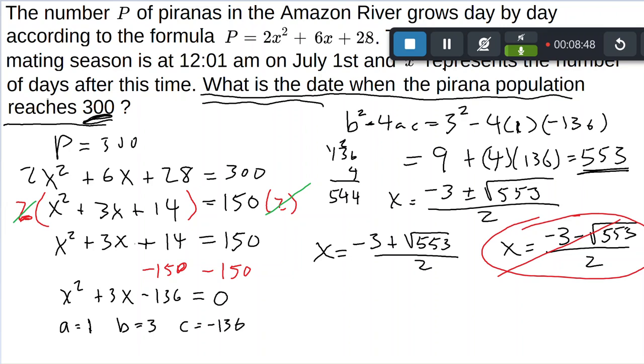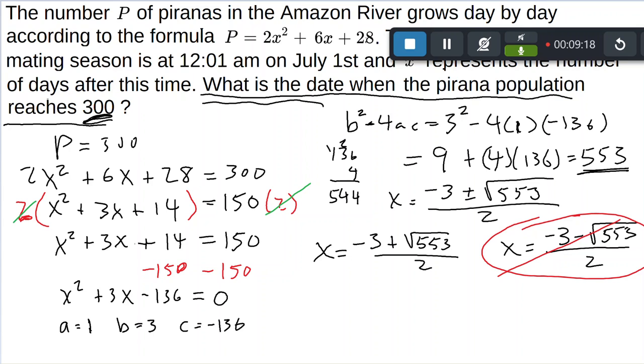Negative numbers are not valid because the problem clearly says that x represents the number of days after the start of mating season. So a negative x would represent days before that, and it's not really reasonable to think that this model will hold before the starting of mating season, because probably it's a totally different thing going on.